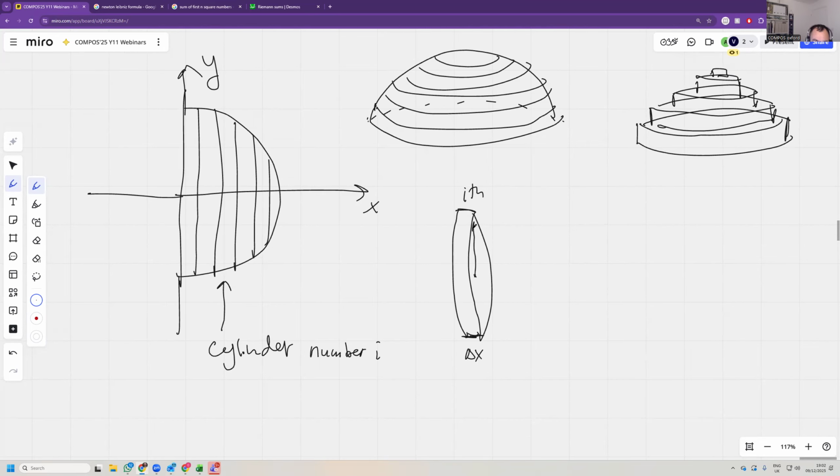The radius of the cylinder is yi, and y is the height, is this value. So this is that cylinder. So yi is, in this case, the radius of the cylinder. So the volume is pi r squared, pi yi squared, multiplied by delta x.